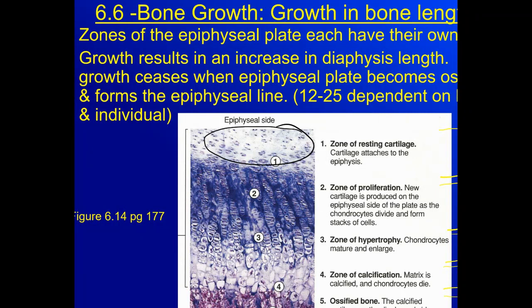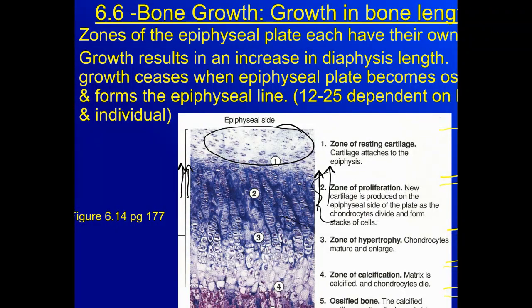This is where the cartilage is being produced. On the epiphyseal side of the plate, the chondrocytes divide, and it's kind of like having a conveyor belt, like your skin. As they divide, they push this up further, making my bone longer.